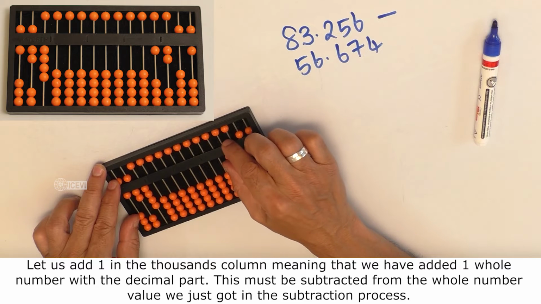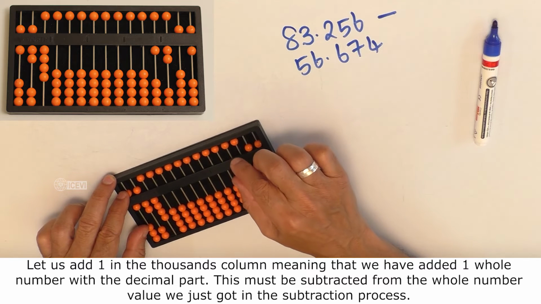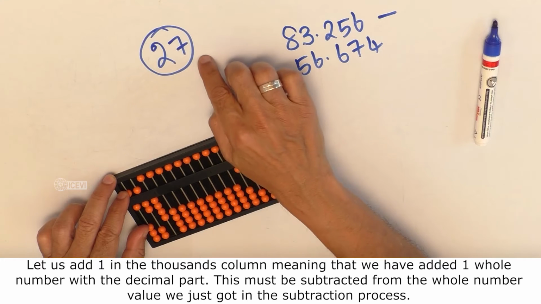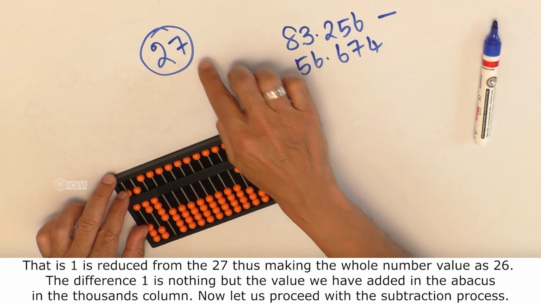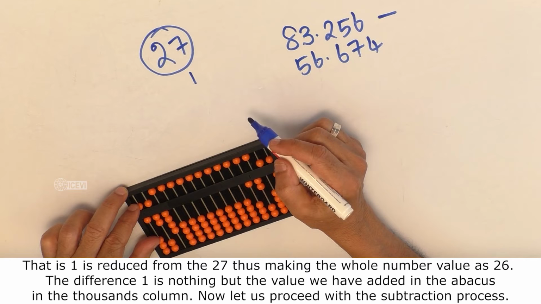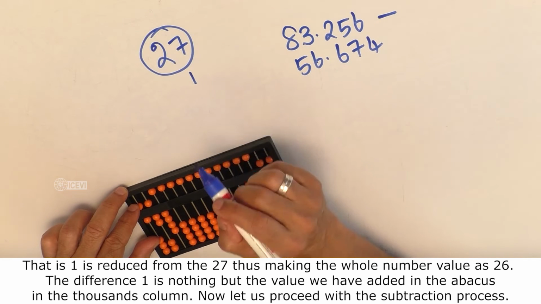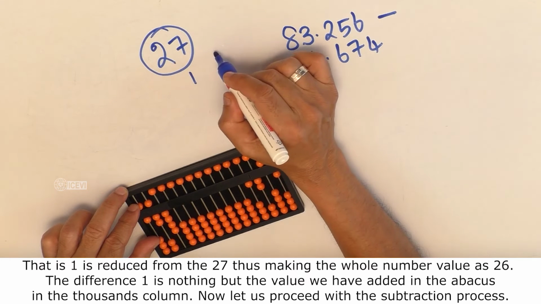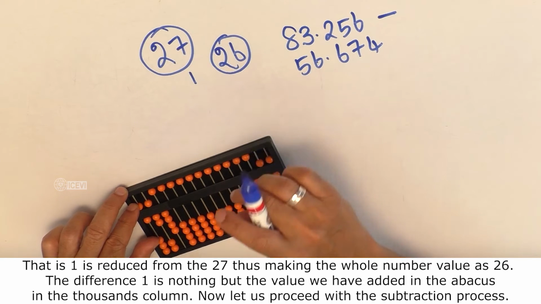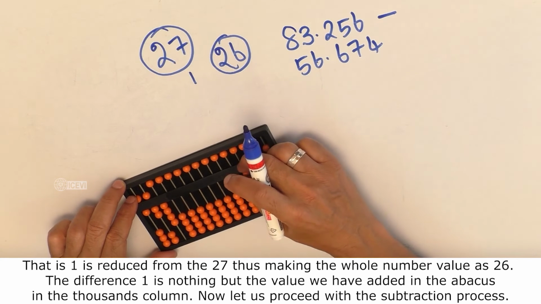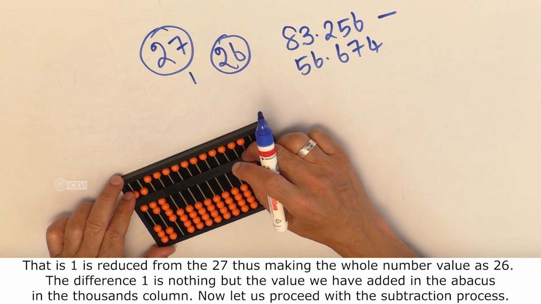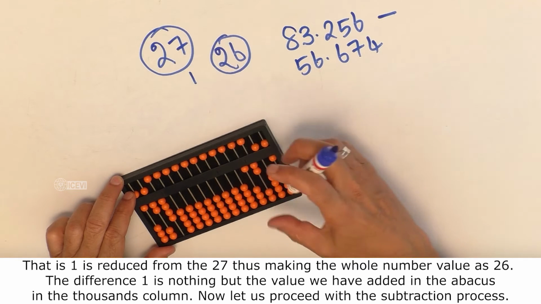This must be subtracted from the whole number value we just got in the subtraction process. That is, 1 is reduced from 27, thus making the whole number value as 26. The difference 1 is nothing but the value we have added in the abacus in the thousands column.